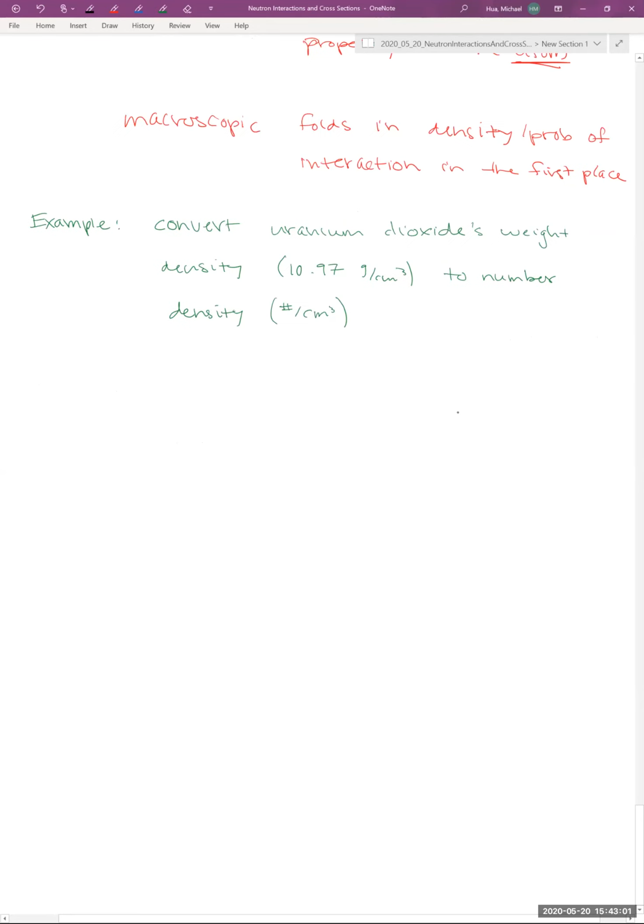So what we want is lowercase n, because in the next example, we're going to use it to calculate macroscopic cross-section. This has units of number per centimeter cubed.